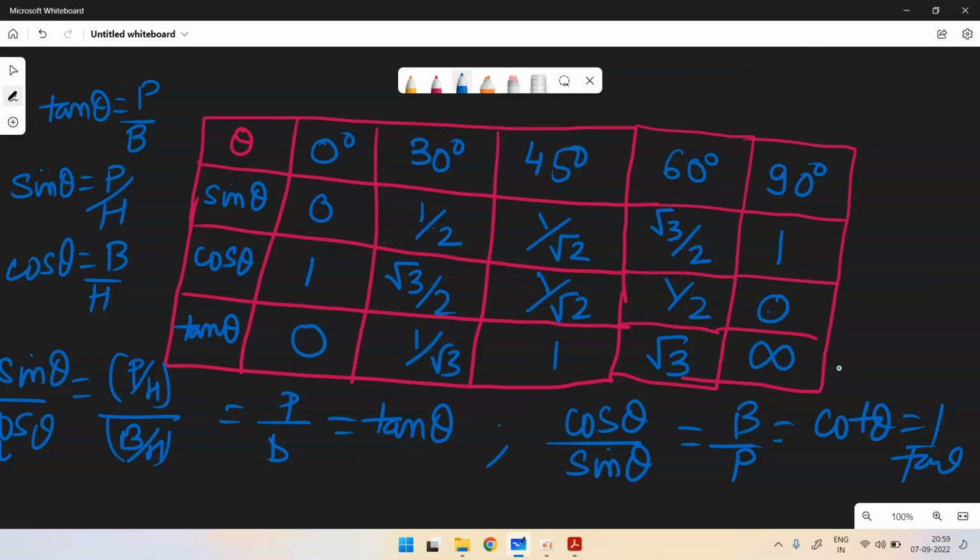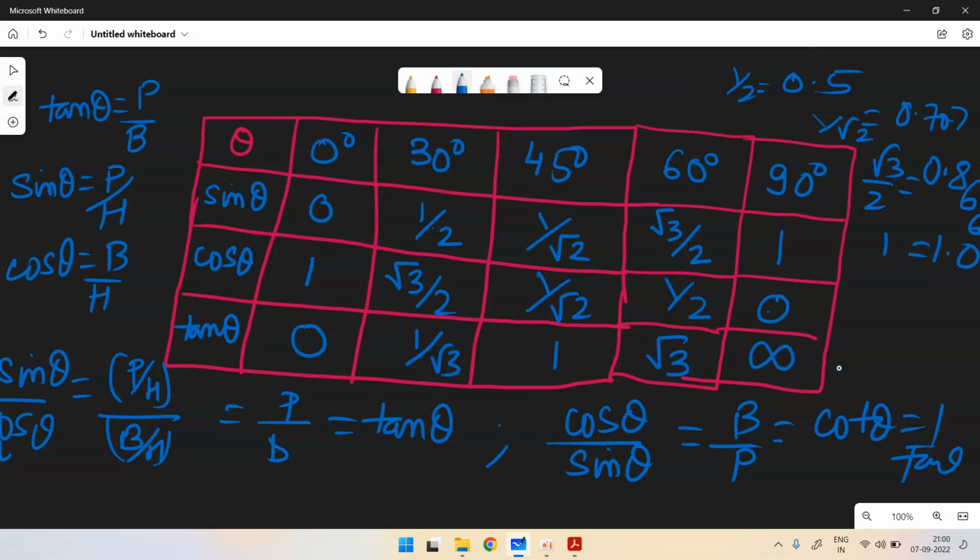So from here you can see that half is 0.5, 1 by root 2 is nothing but 0.707, root 3 by 2 is nothing but 0.866, and 1 is 1.0.